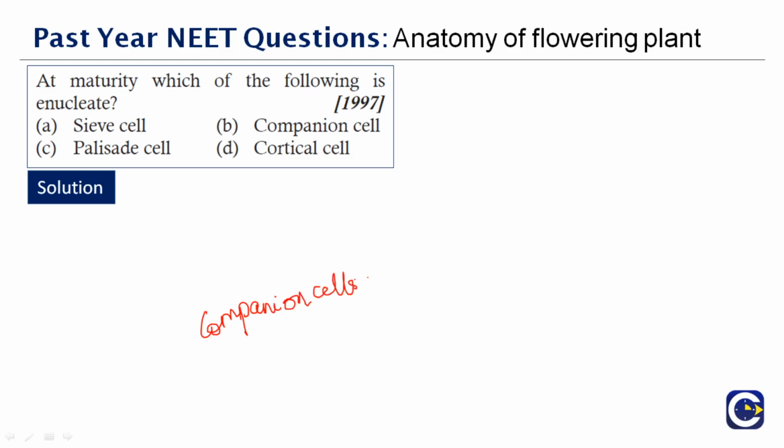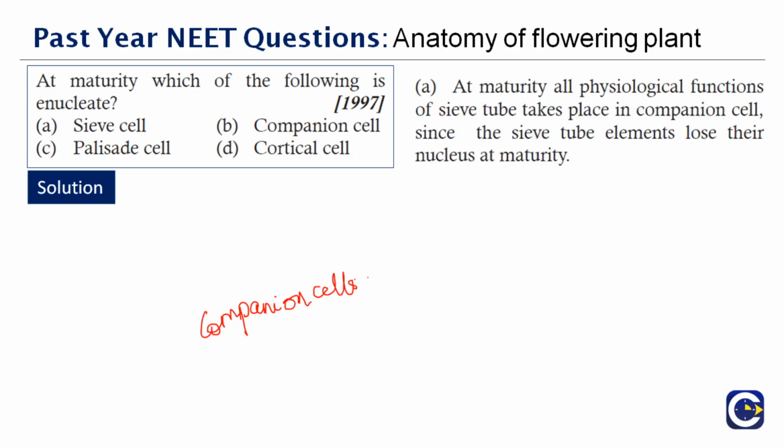That is what we are talking about here also. Since the sieve tube elements lose their nucleus at maturity, or you can say it disappears at the time of maturity, that is the meaning of enucleate, and this applies to the sieve cell, which is present along with the companion cells. Therefore, the correct answer is option A.